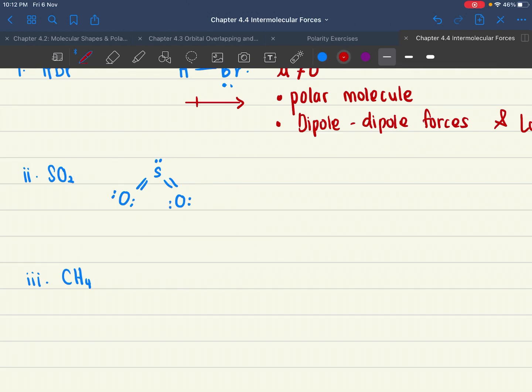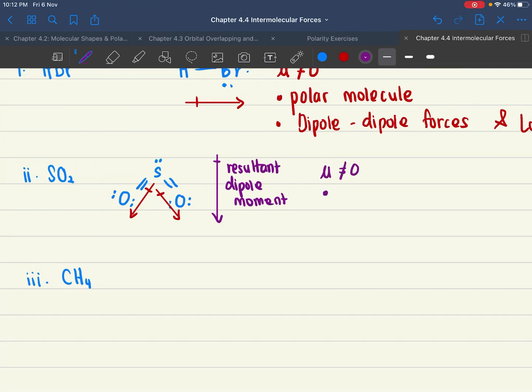Bonding between S dengan O, O is more electronegative, so arrows semua pointing towards O. The resultant dipole moment pointing ke bawah, and this resultant dipole moment cannot be cancelled out sebab tak ada yang atas. So mu is not equal to 0.